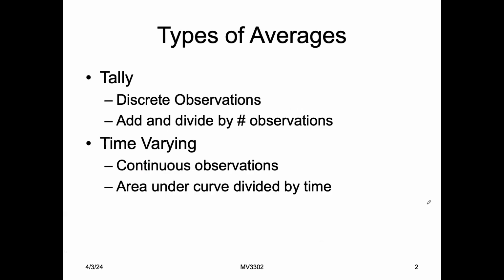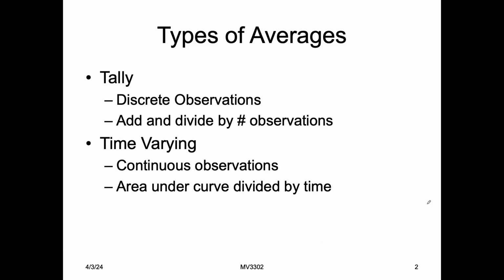So, okay, types of averages. First of all, tallies. This is what we normally mean by an average or a mean, and probably in a statistics context, it is important to distinguish average from mean. I don't know if they've made that distinction.